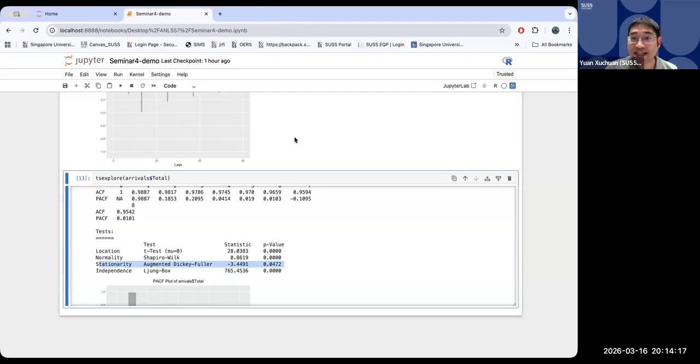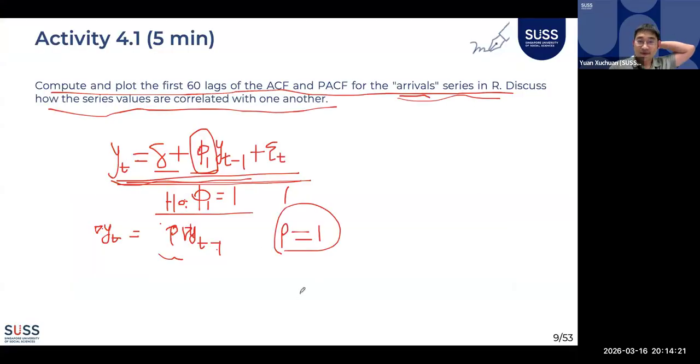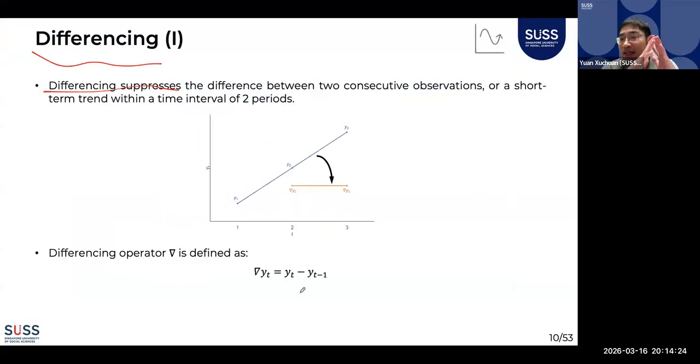Okay, so let me go back. Yeah, so now you can see if your data is not stationary, and you fit, for example, an AR model or MA model or ARMA model, your model will be in trouble because you cannot use, for example, the linear least squares method to estimate those parameters efficiently.